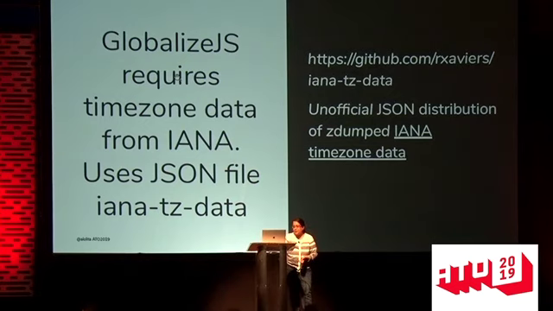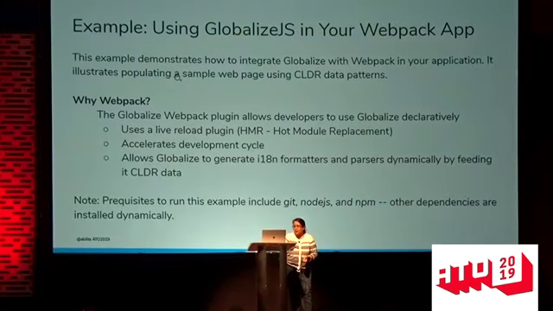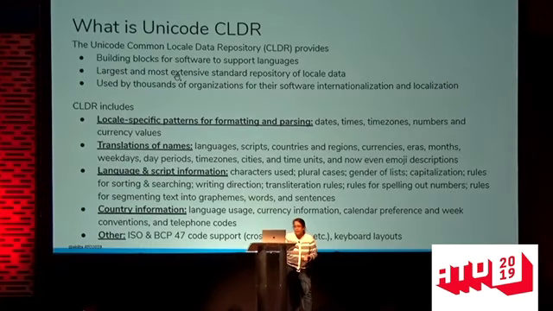So going back to Unicode CLDR, for those of you who are not familiar with this, it is a very integral part of providing global support for any web application out of the box. It's been built into platforms. It's been built into programming languages. How many of you have used ICU as a library? Some of you have.